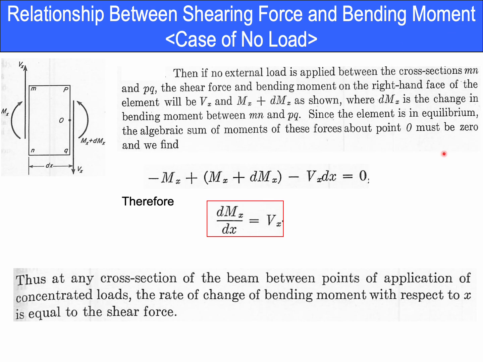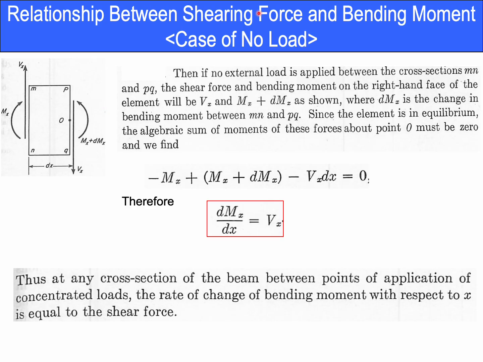Following the previous page's theoretical relationship, we derive a key application. Let us consider an infinitesimal part, like this, whose cross-sections are Mn on the left and PQ on the right.